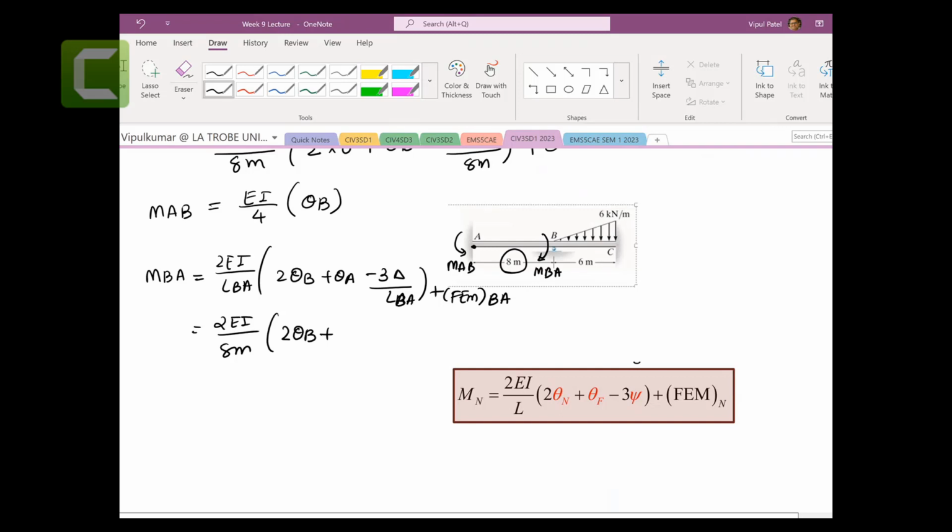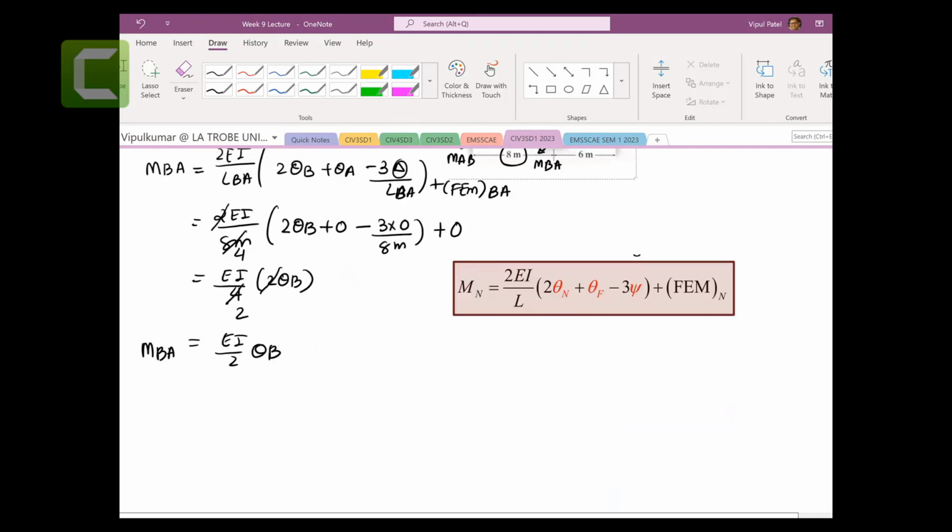Theta A was 0 because of the fixed support. There is no settlement, so 3 times 0 on length 8 meters, plus the fixed end moment is 0. This cancels to 4, so EI on 4 times 2 theta B, and these are all 0. Again cancels, so EI on 2 theta B. That is your MBA. So member AB is done.